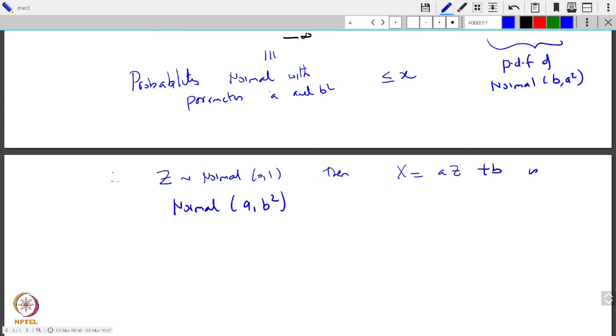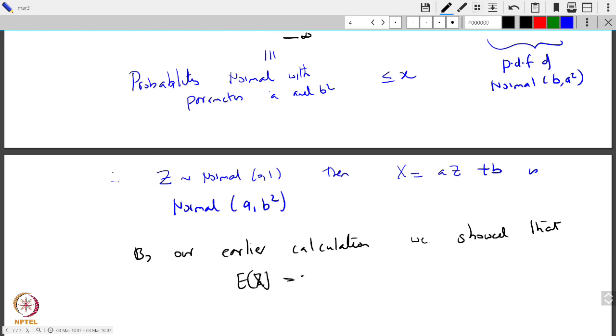But again, by our earlier calculation, we showed that E of x was indeed a, and variance of x was indeed b squared. Very nice.